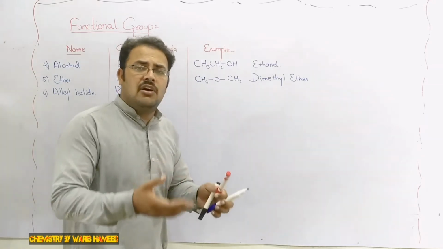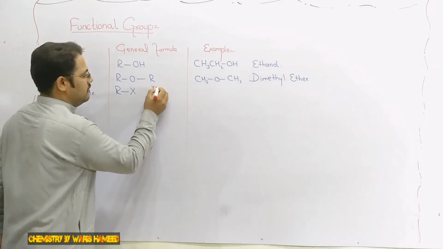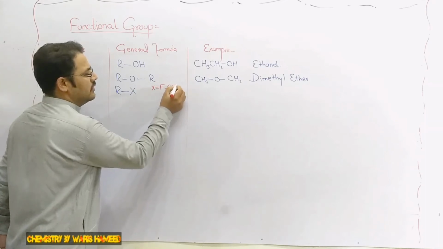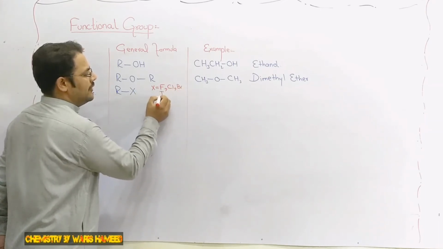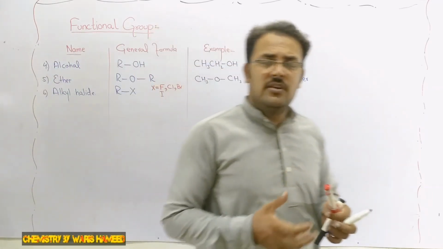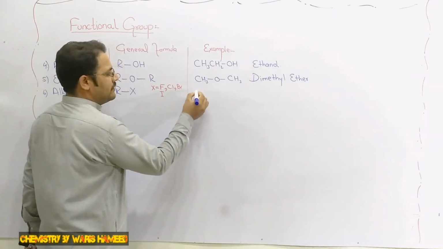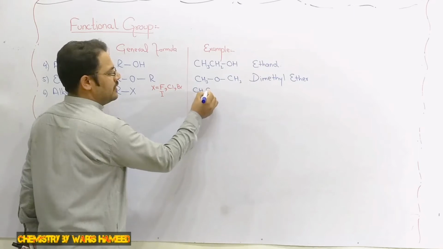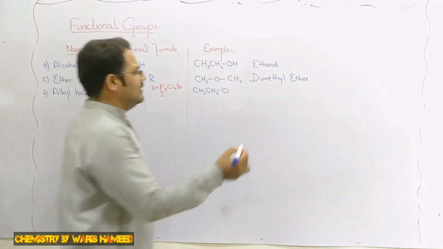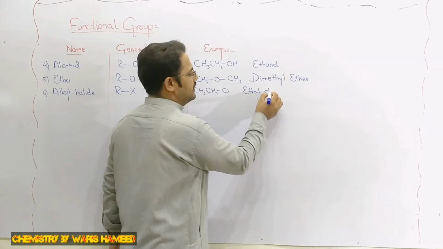The halogen family belongs to group 7A, and it may be chlorine, bromine, iodine, and fluorine. These are the members of the halogen family. Its example is CH3 CH2 Cl, ethyl chloride.